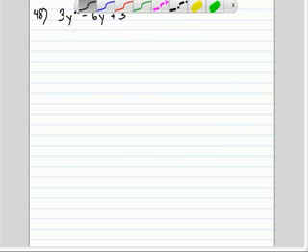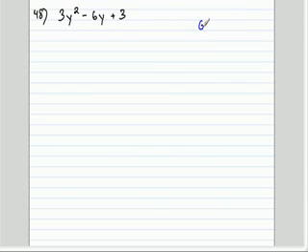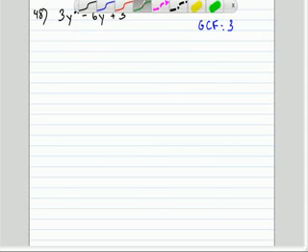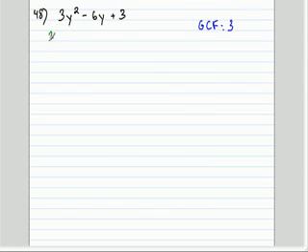Is there a GCF that we can factor out? Yeah, I have a GCF of 3. So I'm going to take the 3 out. And I have left y squared minus 2y plus 1.